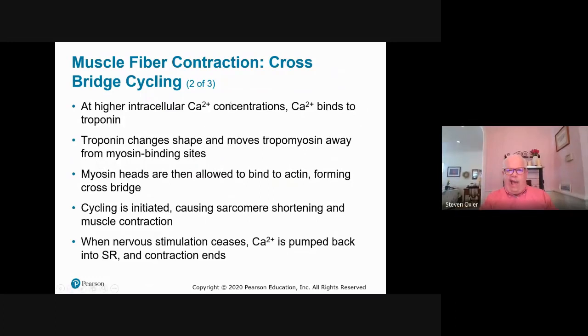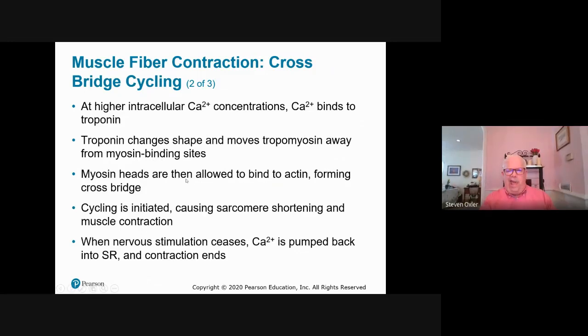If you have high calcium, say you have an endocrine disease and you have a high calcium, the calcium will bind to troponin. The troponin will change shape and move away from the tropomyosin, from the myosin and binding sites.